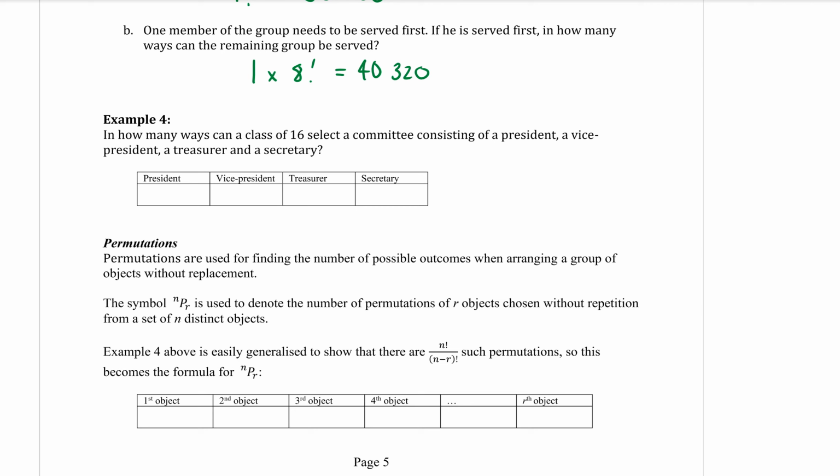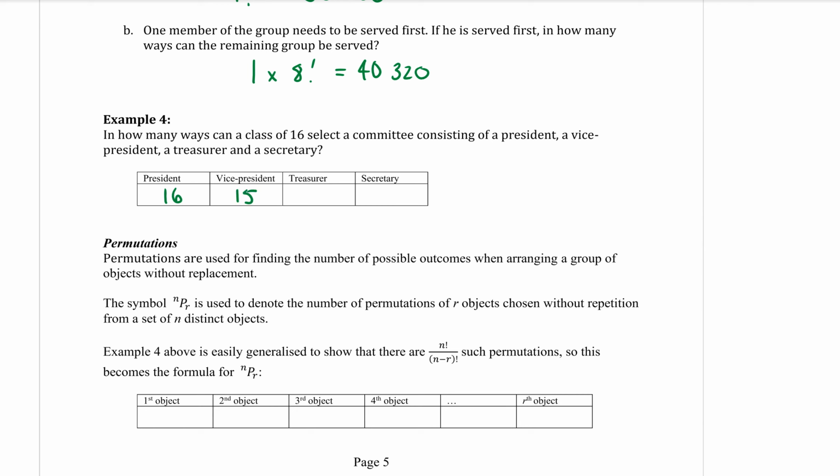So assuming that everybody is equally likely to be picked, like always, we don't try to weight anything in this topic. How many different choices do I have for picking a president? There's 16 people in the room, so I've got 16 choices. Once a person's been selected as president, you hope they can't also be vice president, right? So how many choices for vice president? 15.